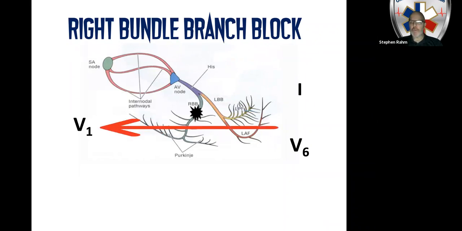Then the terminal force, and this is going to be a key term here, terminal force is from left to right. You can see I put my lead V1 up here and then leads 1 and V6. So when I say terminal force, I mean the terminal wave of that electrical force in a right bundle branch block is going to be from left to right.